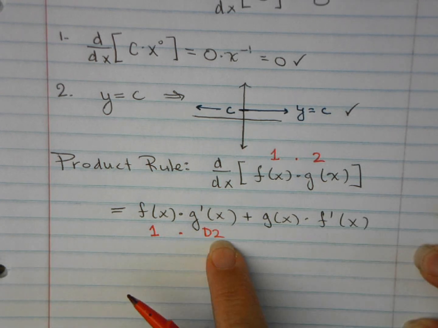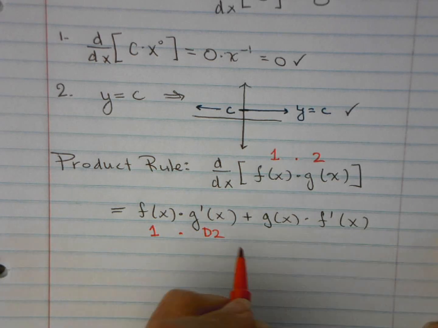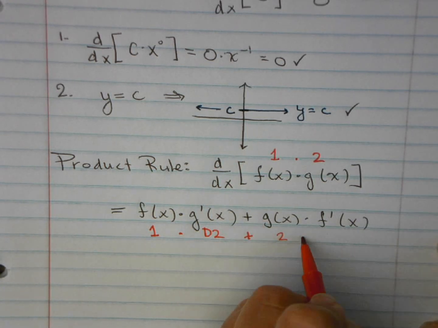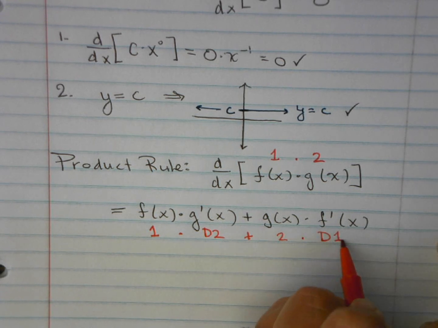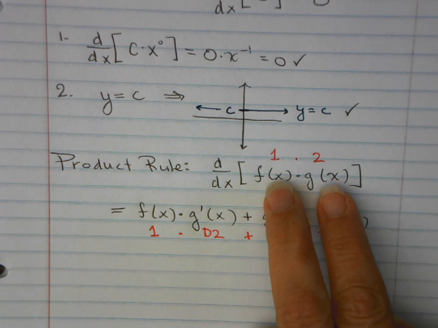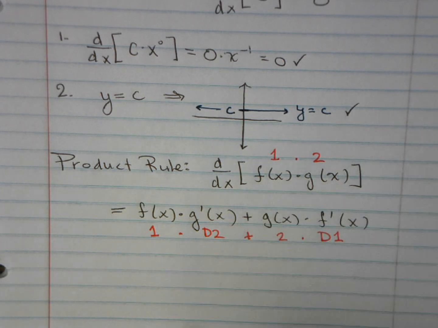So d2 means derivative of 2, which is the second function. And then plus, of course, is plus. Then equation 2 times the derivative of the first function, which I'm going to write as d1. So if I have two functions, 1 and 2, I can think of the product rule as 1d2 plus 2d1. You don't have to sing it. You can just say 1d2 plus 2d1.